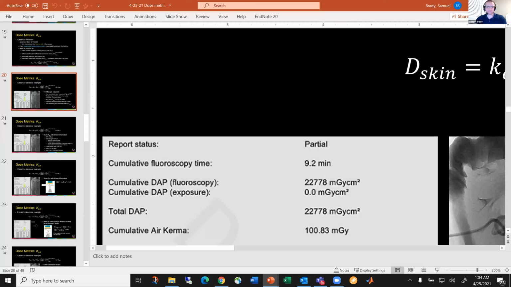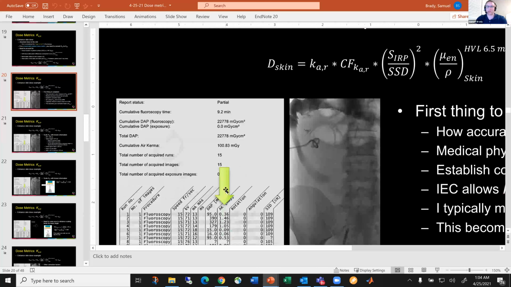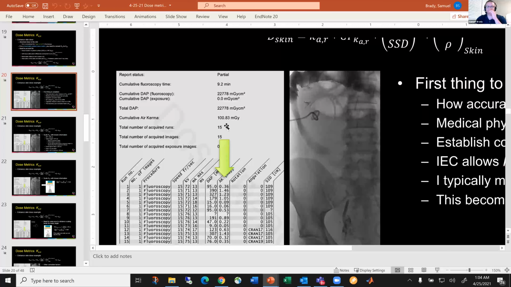I see. So the next question is, can you explain more about the usefulness and necessity of the structured dose report, which we'll use for PSD calculation? So there are 2 reports presented at the end of every procedure.